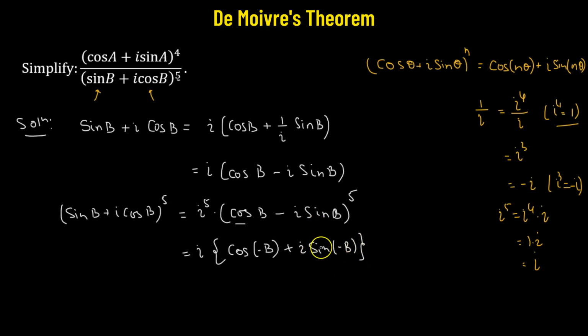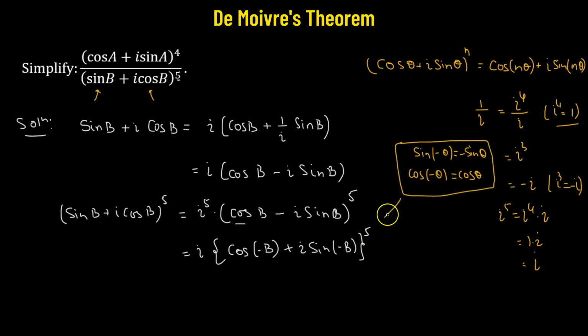This is because sine is an odd function. So let's write it down: sine of negative theta equals negative sine theta, and cosine of negative theta is positive cosine of theta. That's because sine is an odd function and cosine is an even function. This is the fact that we have used here.